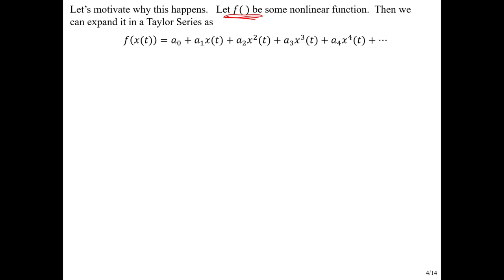The value that comes out at any given time depends only on the value of the input at that particular time. So here's the output of that nonlinearity with an x of t going in. At the time t, the output depends only on the input at the time t. But it has the square of it and the cube of it and the fourth of it and so on.